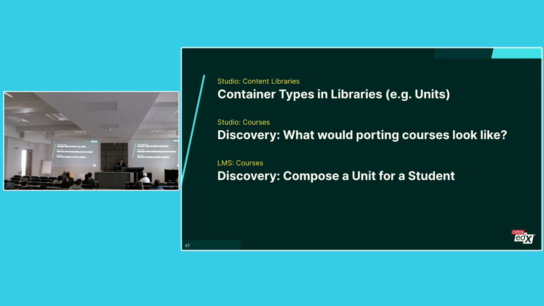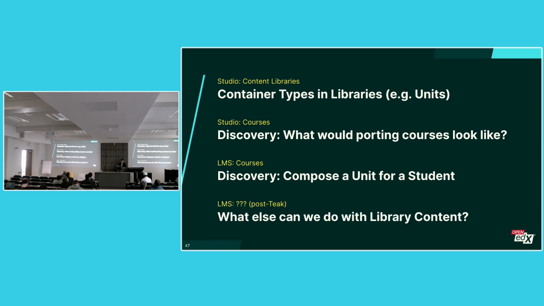Also, what it would take to compose a unit for a student. And what else can we do with library content? Honestly, it seems a shame to be storing all this cool modular content and then have to use it in courses for everything. So I think that would be a really fun thing to dive into.